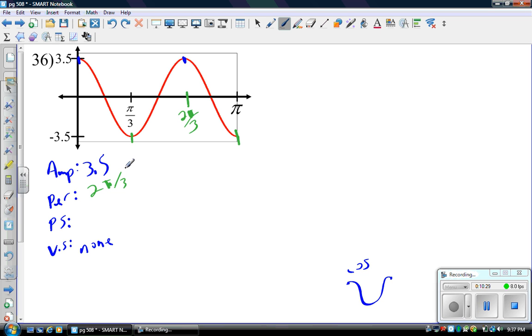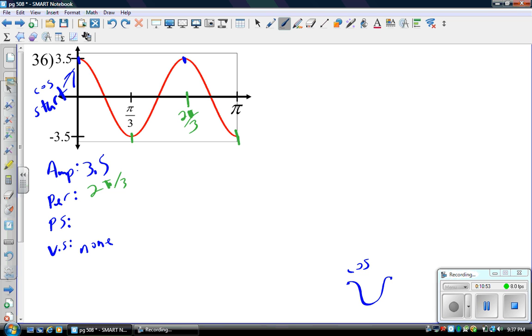The last thing to look at is the phase shift, and since I decided I'm going to take this cosine to actually start here, this is my starting point for the cosine. I don't have a phase shift because it's starting right on the vertical axis. So now I'm ready to actually write my equation.